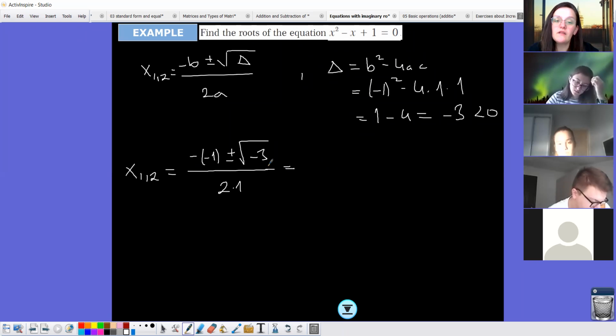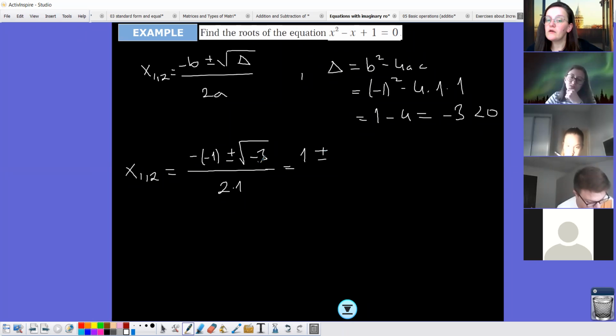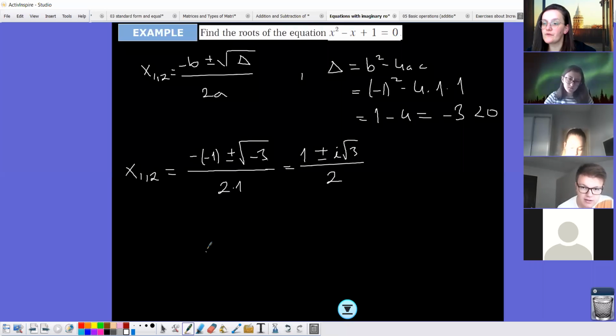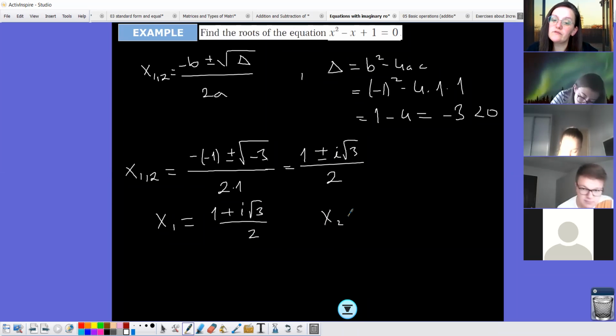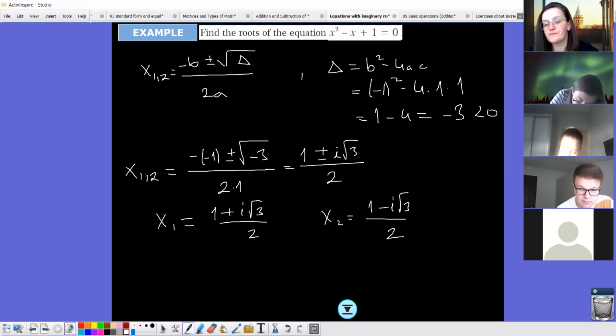Because it is root of minus 3, I can take the minus out as i, so root 3 times i, over 2. So x1, the first root, is 1 plus i root 3 over 2. And the second root is 1 minus i root 3 over 2.